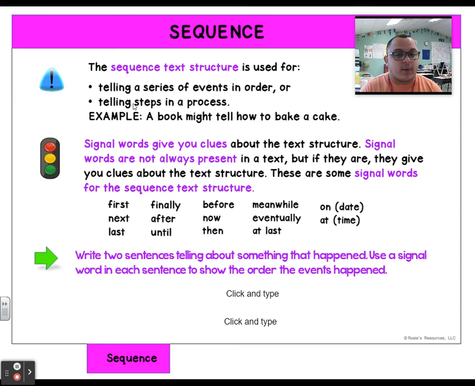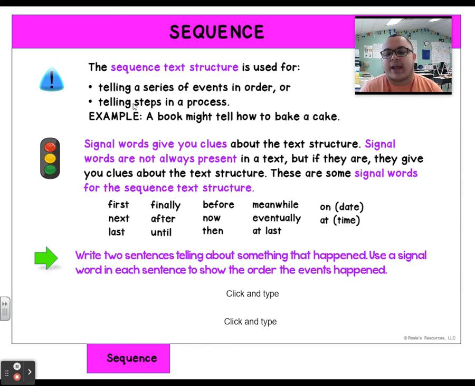Signal words are not always present in a text, but if they are, they give you clues about the text structure. These are some signal words for the sequence text structure: first, finally, before, meanwhile, on a specific date, next, after, now, eventually, at a specific time, last, until, then, and at last.